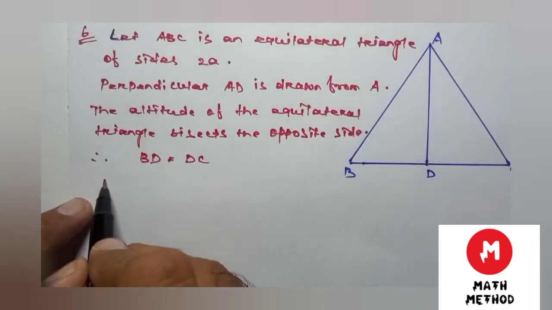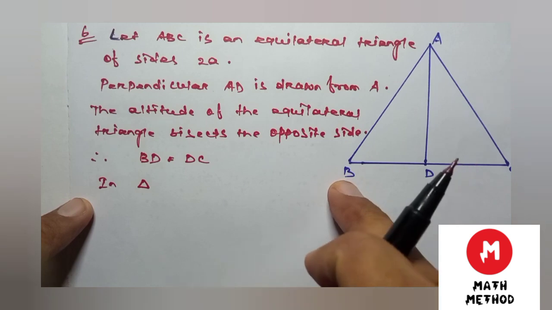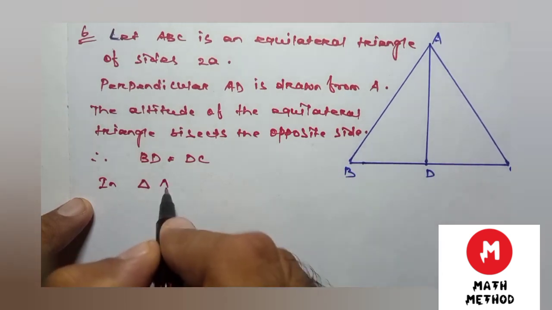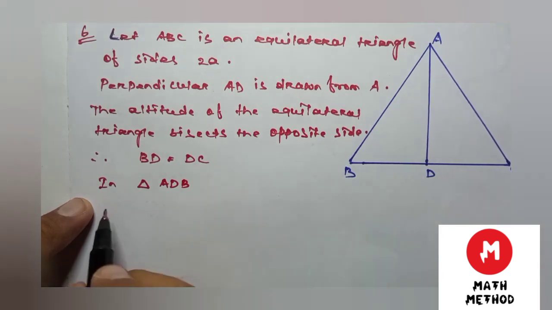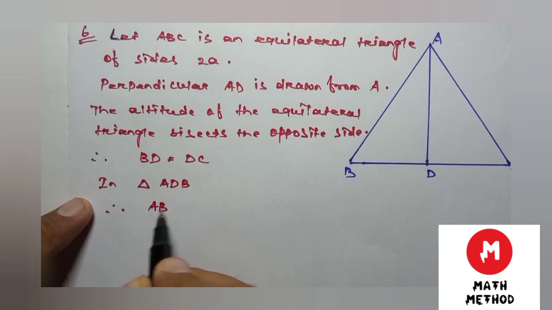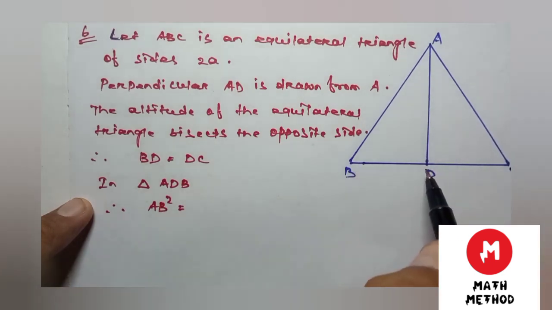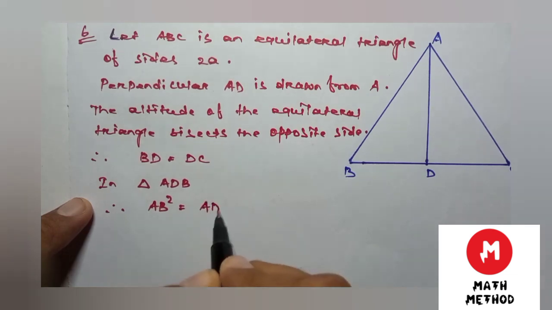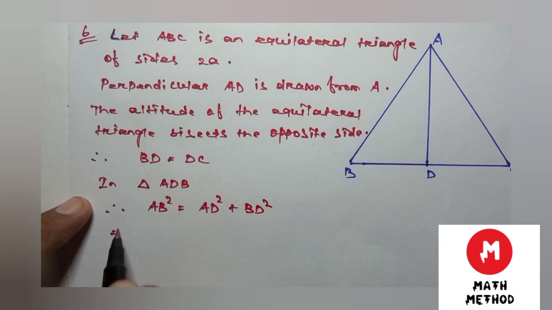Now in triangle ADB, here angle D is equal to 90 degrees, therefore AB is the hypotenuse. AB square is equal to AD square plus BD square. Here it is given that AB is equal to 2A.